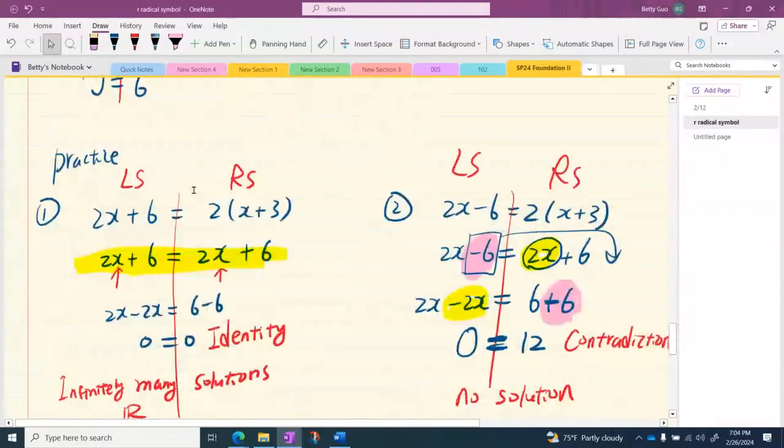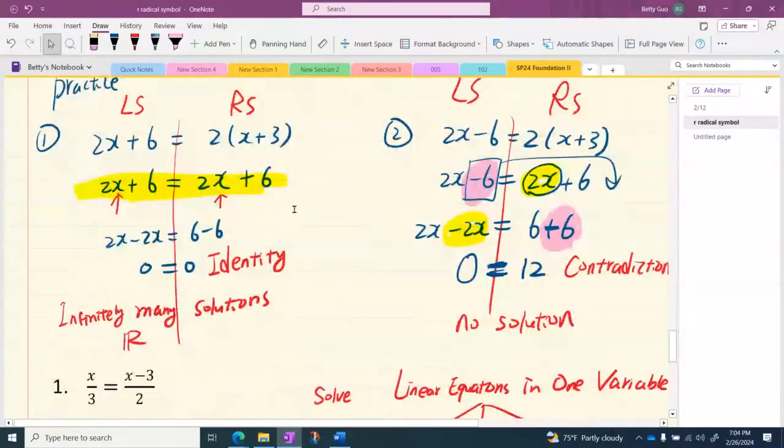But this is an identity, right? You look at the yellow part here. No matter what x equals, the left side always equals the right side. So all the real numbers satisfy the equation, it is an identity. And then number 2, this equation is a contradiction, because no matter what x equals, the equation will never be true.